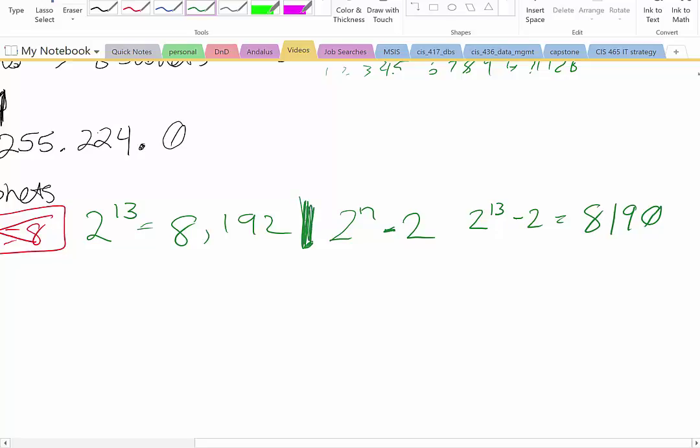So let me draw a line here so that we don't get confused. And this is the number of total hosts. This is the number of total usable hosts.